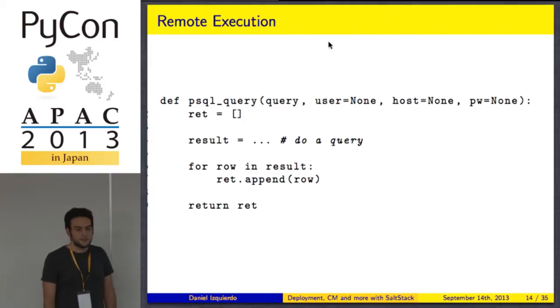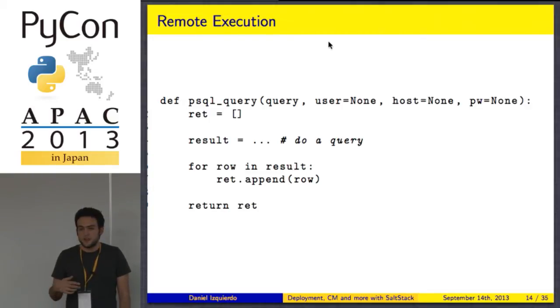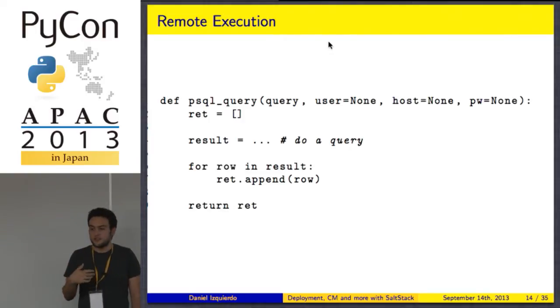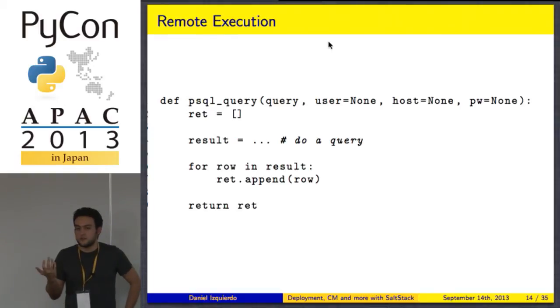So I could potentially run a query on a Postgres server that's listening only in a local port or in a Unix socket, but it's in a remote server. So I just order Salt to run this query and get the results in a nice format without having needed to log into this server, and I could potentially run this query on many different servers all at the same time.